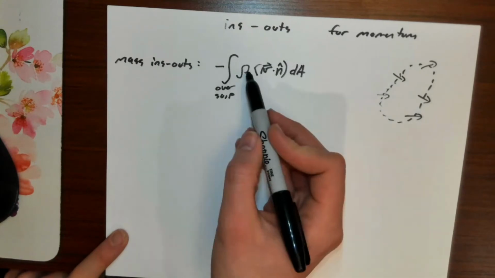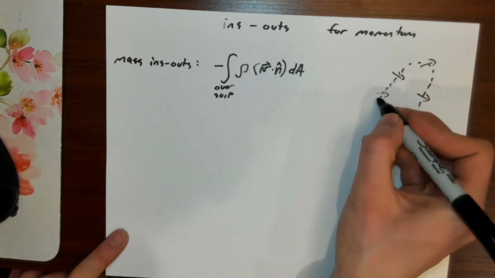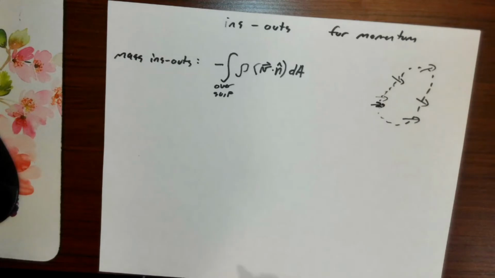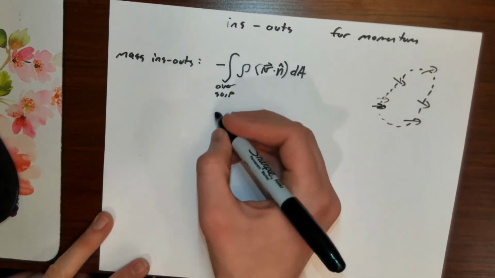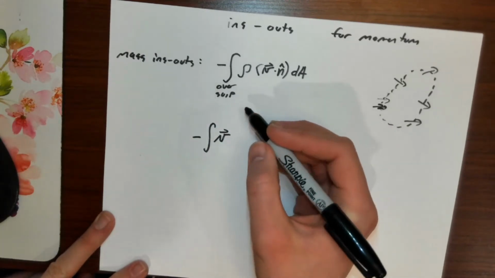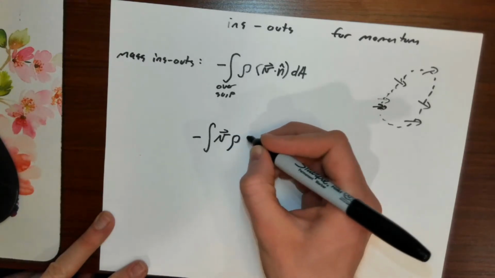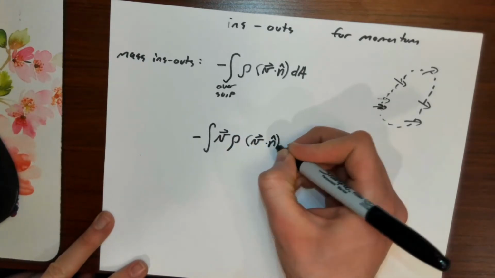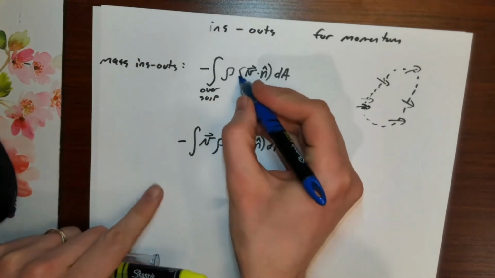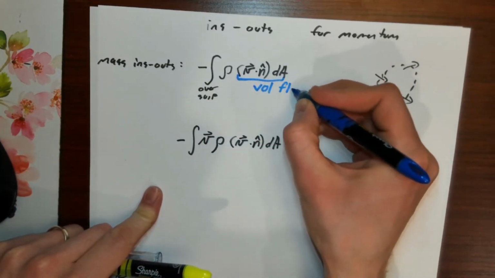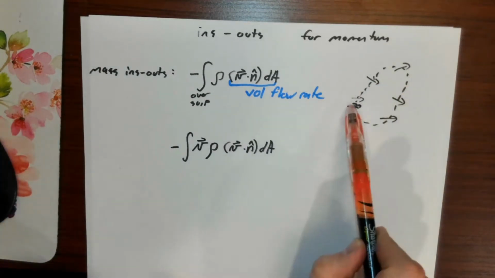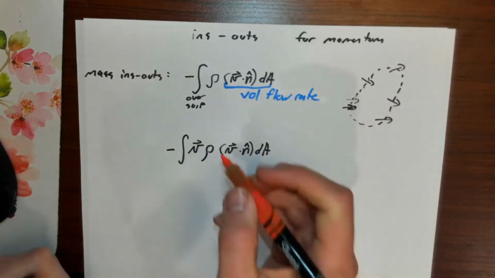And v dot n dA is a volumetric flow rate through some little piece of our control surface.